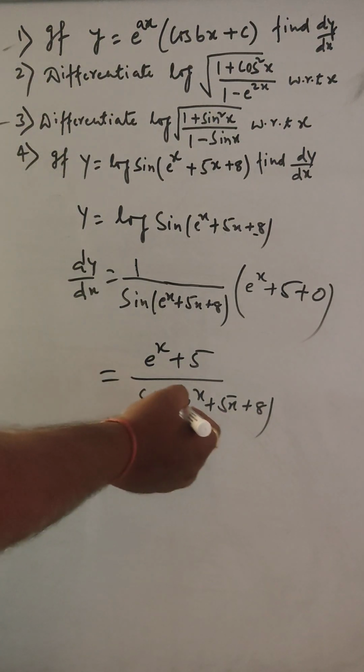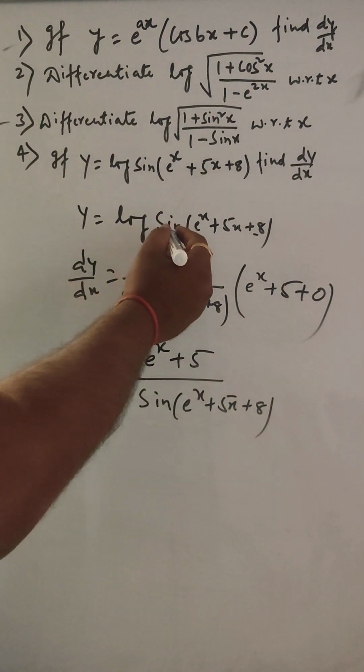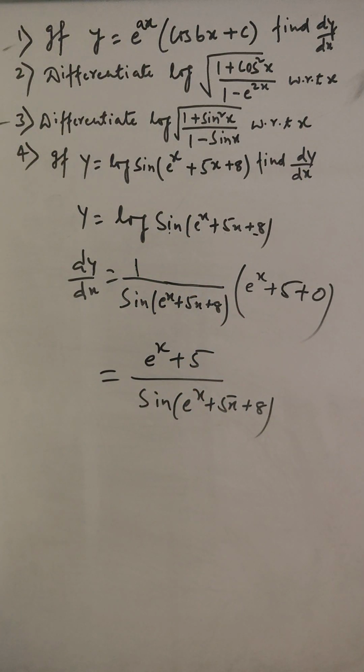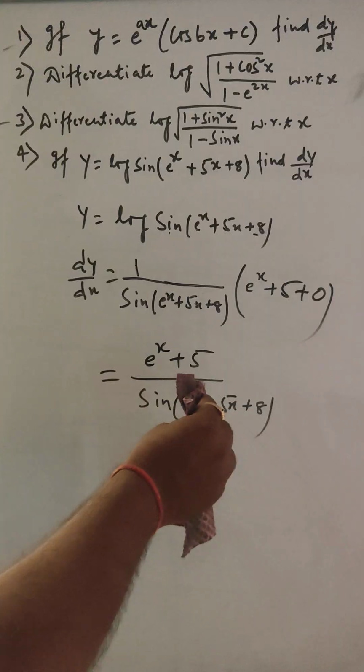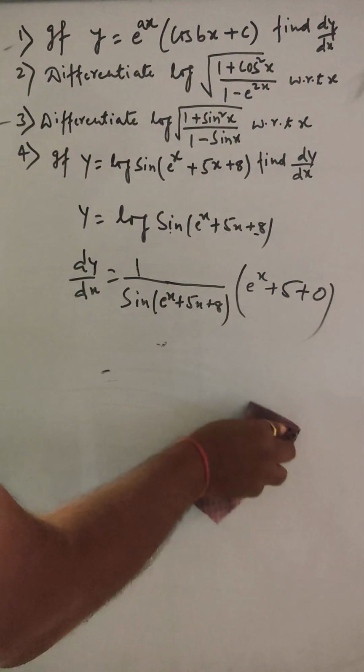Okay, so this is the answer of your problem. And see this one, and here we have to do for this also, right? Here we have done some mistake. So like this we can do.